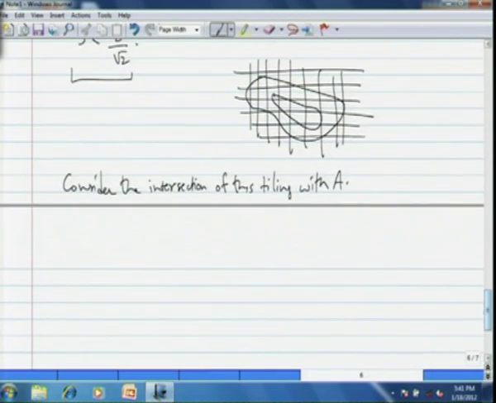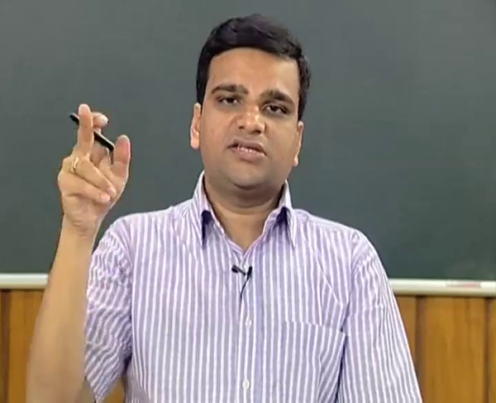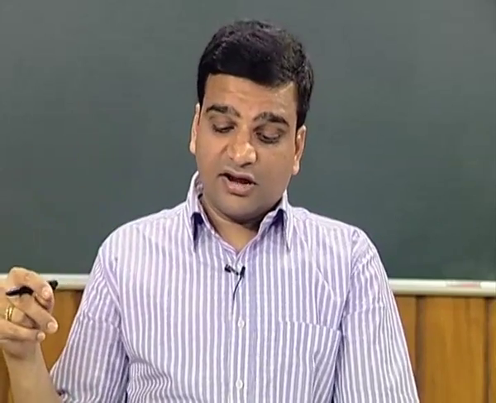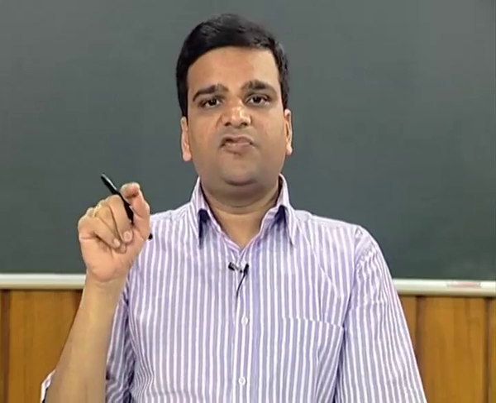The structure is essentially, there are squares, and then there are portions of the squares where the curve, the boundary of A, intersects the square tile.